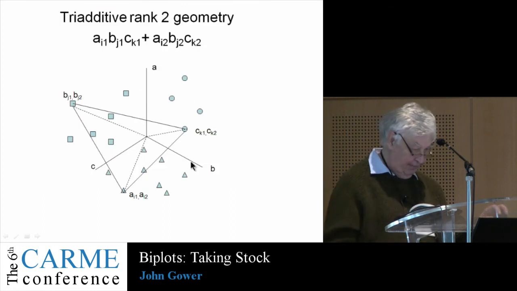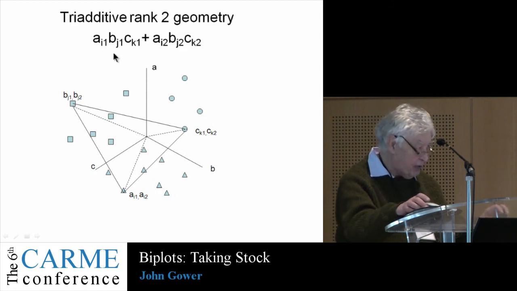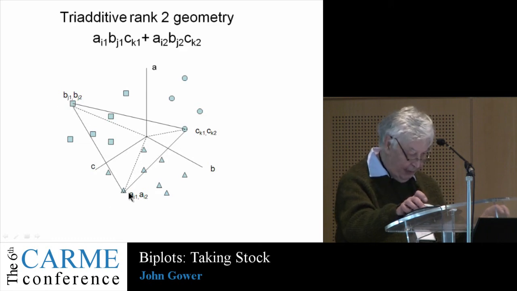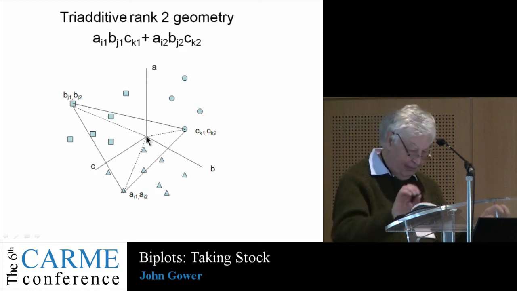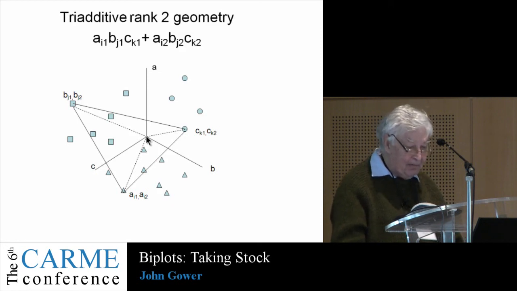That has a geometry, and that is that the A, B, and C points all lie in different planes, orthogonal planes. So if you now want to represent the IJK rank 2 fit, it's a matter of taking, say, the J point from here, the K point from here, and the I point from there, and working out the volume of that with the origin. Well, it isn't very, very convenient.